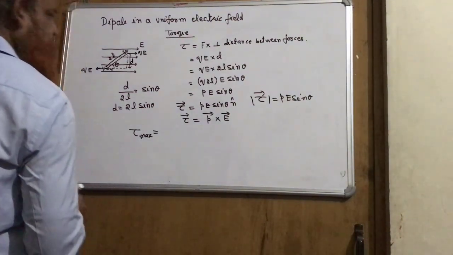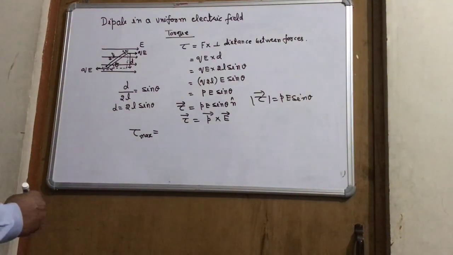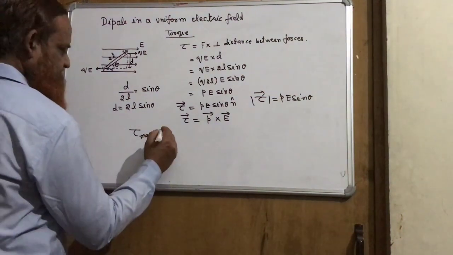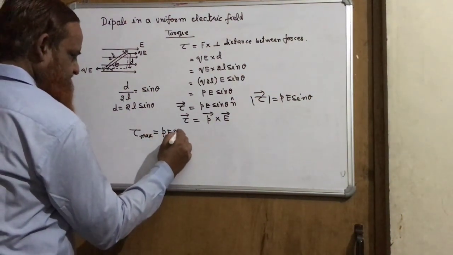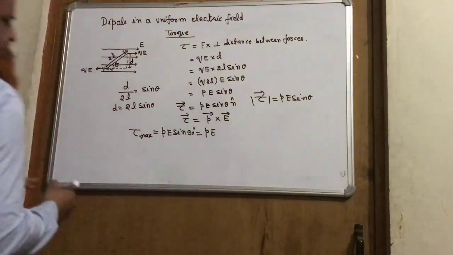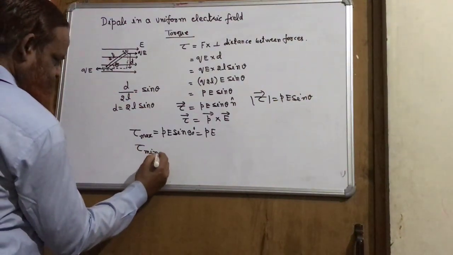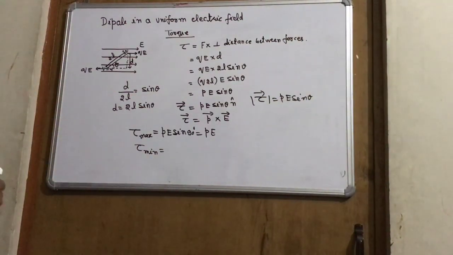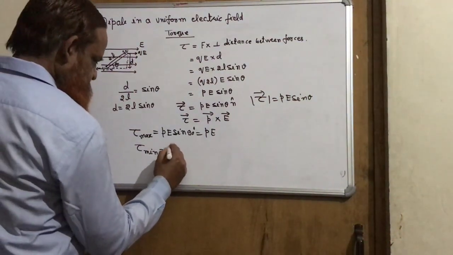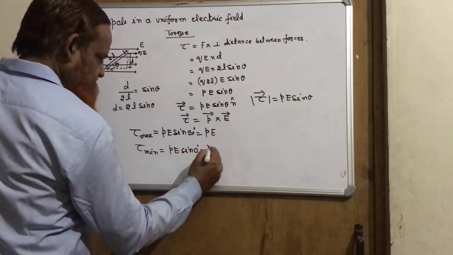If sin theta has its maximum value, then the torque will also be maximum, and sin theta is maximum when theta is equal to 90 degrees. So the torque is pE sin 90, which is pE. The torque is minimum when theta is 0 degrees: pE sin 0, which is 0.